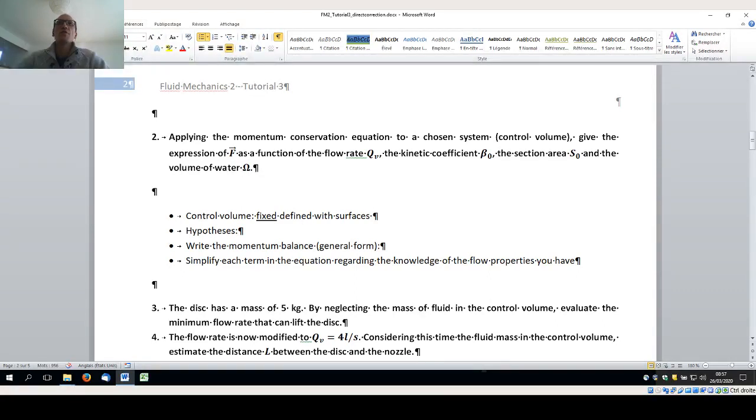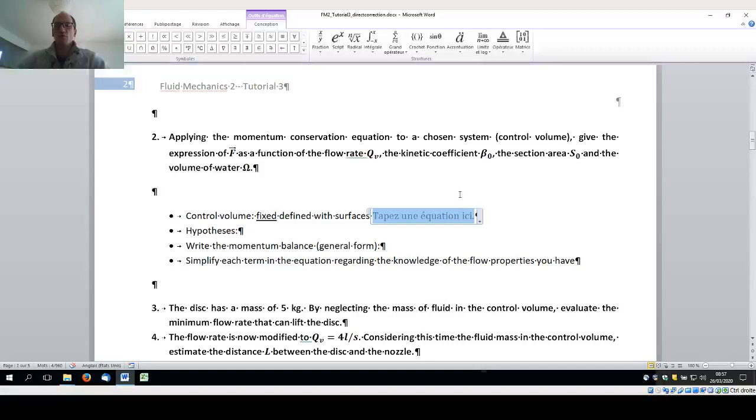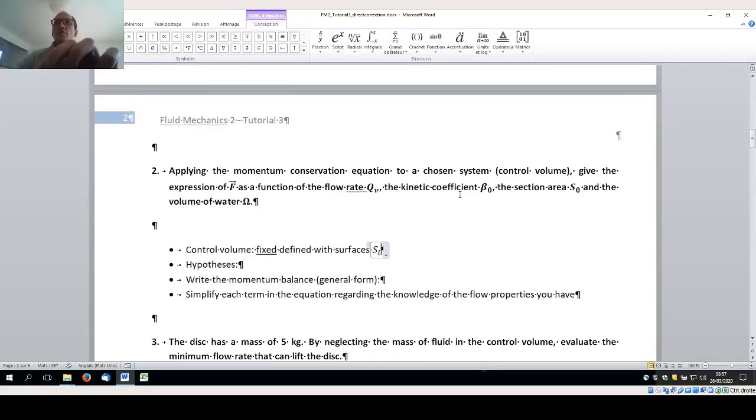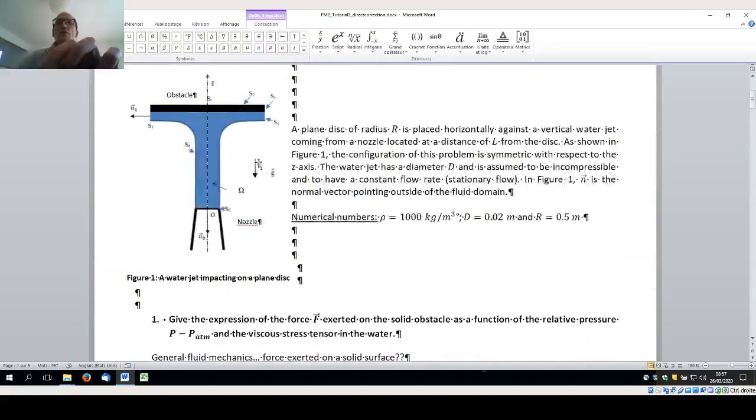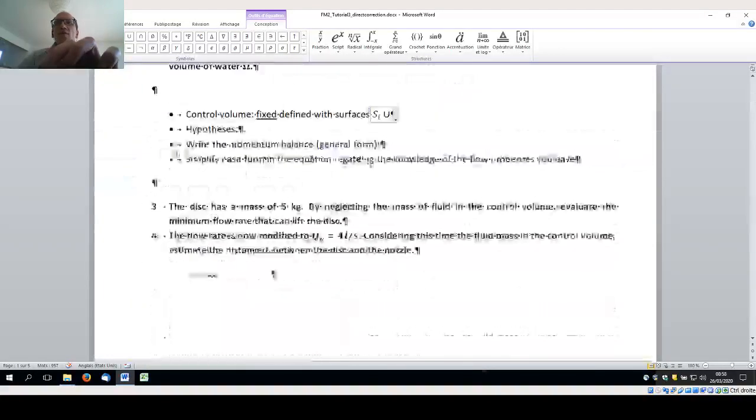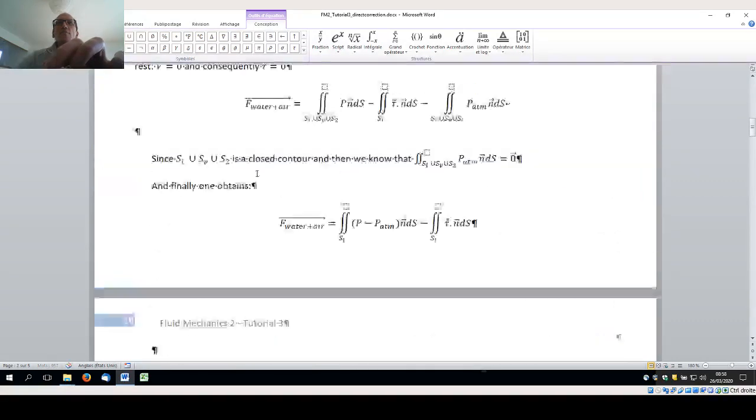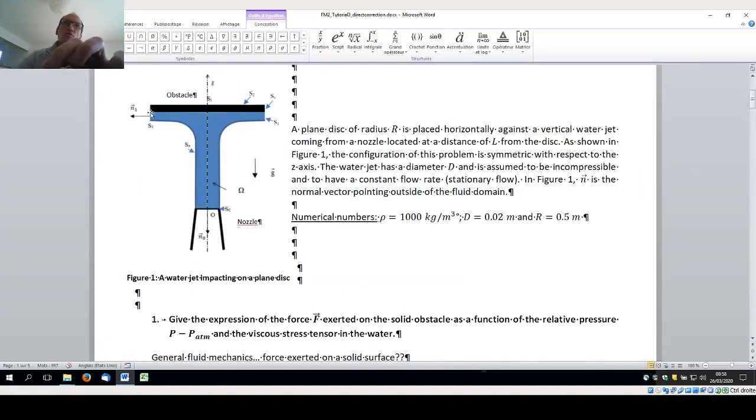This is a set of surfaces, so we'll write it. You have the inlet surface, SI. What do we have after? We have the one in contact with the atmosphere, which is named SE, like an exterior surface. We'll add the surface which is the outward surface, S1.